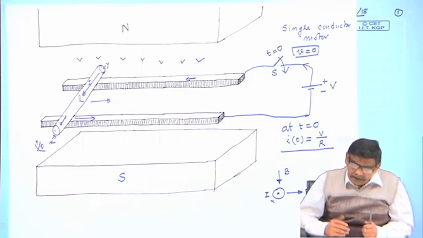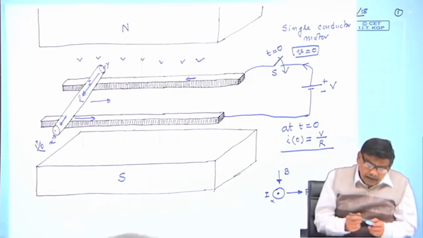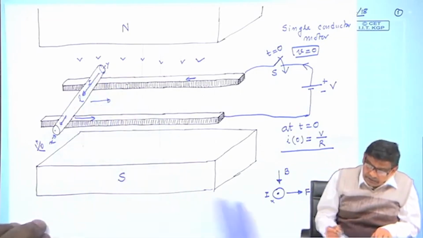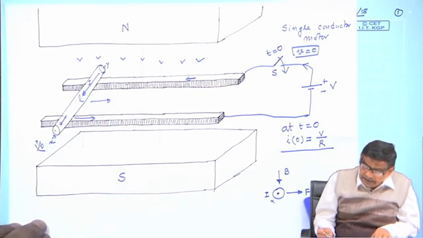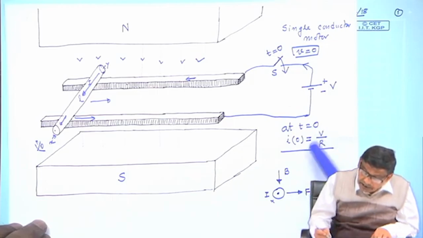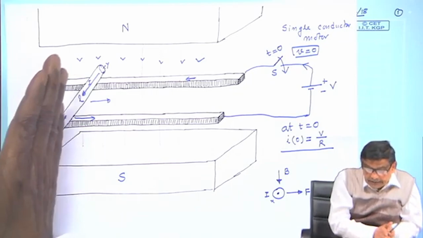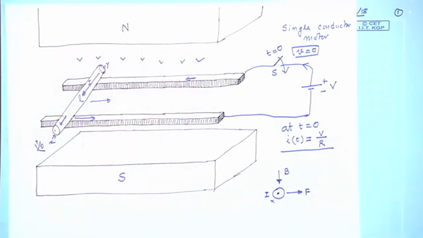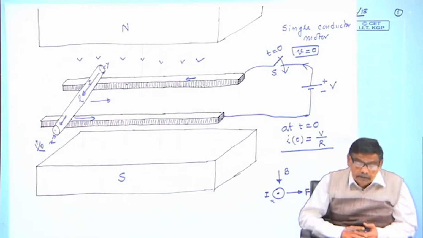Let us argue physically. When it was stationary, it experienced a force, the magnitude of which is B into V by R, this I, into L. But as it starts moving, it will have some velocity.